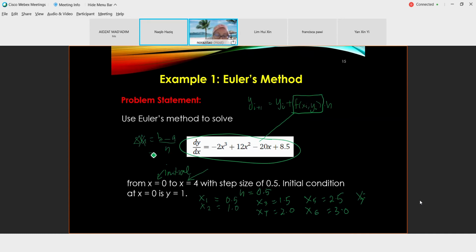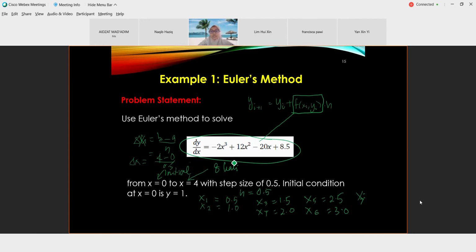So kamu masih guna itu juga. 4 minus 0 bagi 0.5, dapat berapa? 8. That is the easiest way how can you know lah. Okay, so 8 kali ya, 8.